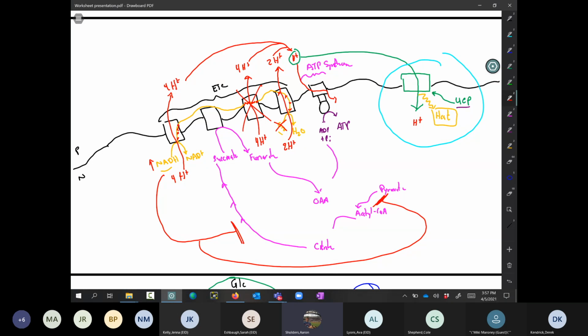So if you stop it at complex 3, then cytochrome C, which feeds electrons to complex 4, as well as all the redox centers in complex 4, will actually be in an oxidized state because electrons can't get to them.